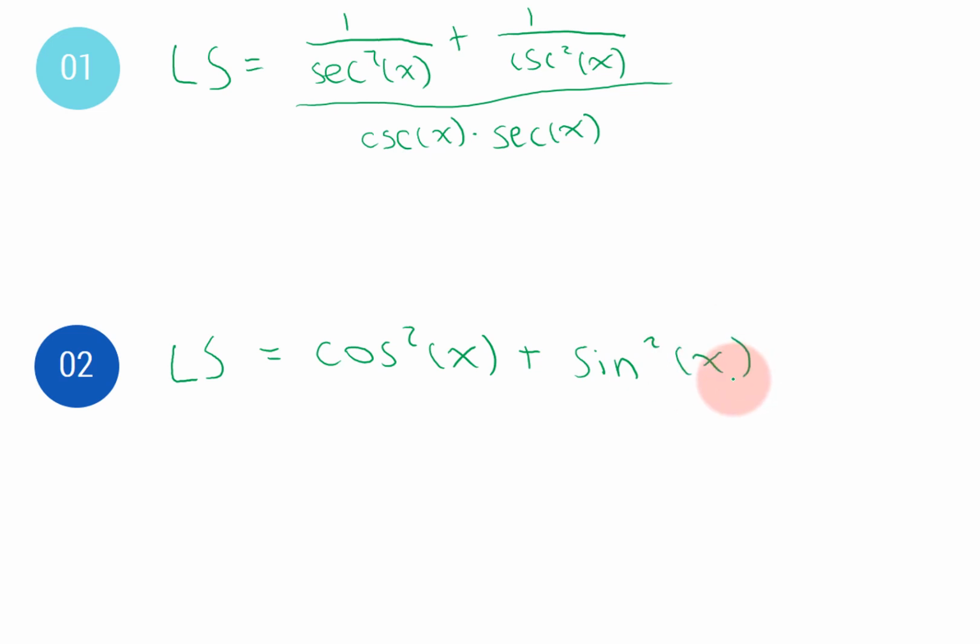As for the denominator, let's change cosecant x times secant x into their reciprocal as well. So now we will have a left side that is all our primary trigonometric ratios.